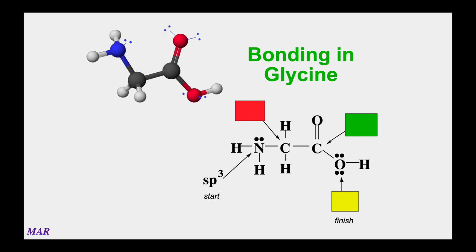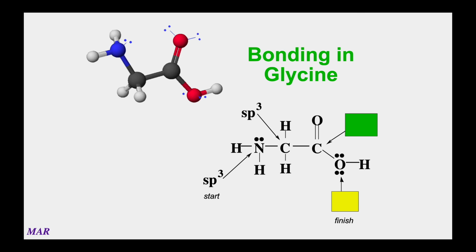Cool. Now let's go to the red one. That red one points at a carbon. The carbon has 4 bonds to atoms around it. 4 bonds, once again, tetrahedral. And again, anything tetrahedral, sp3. The carbon in the green box there is pointing at a carbon atom. That carbon there is connected to 3 atoms: a carbon on the left, a double bond oxygen above, and an oxygen single bond to the right.